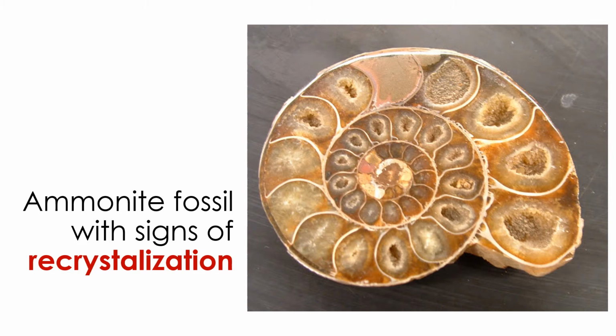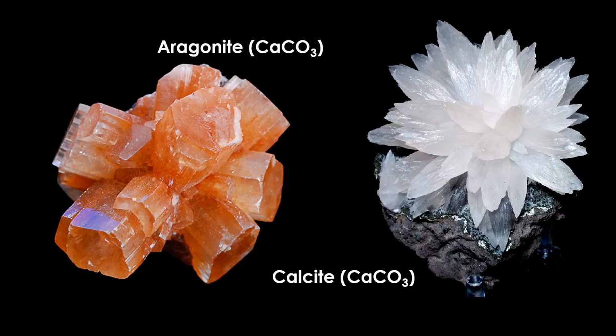During recrystallization, the composition of a mineral may remain the same, but its atoms are reorganized and rearranged. Recall that the minerals calcite and aragonite both consist of calcium carbonate, but that they have different crystal lattice structures.